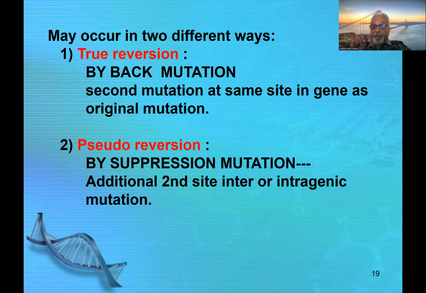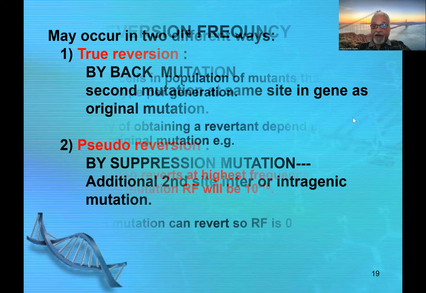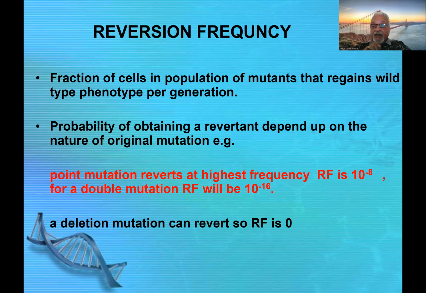So by looking at reversion frequency, one can know what kind of previous mutation it was. Now, what is this reversion frequency? Reversion frequency is the number of wild type cells obtained from the total number of mutant cells. It is basically the proportion of cells converted into wild type cells from the total number of mutant cells.